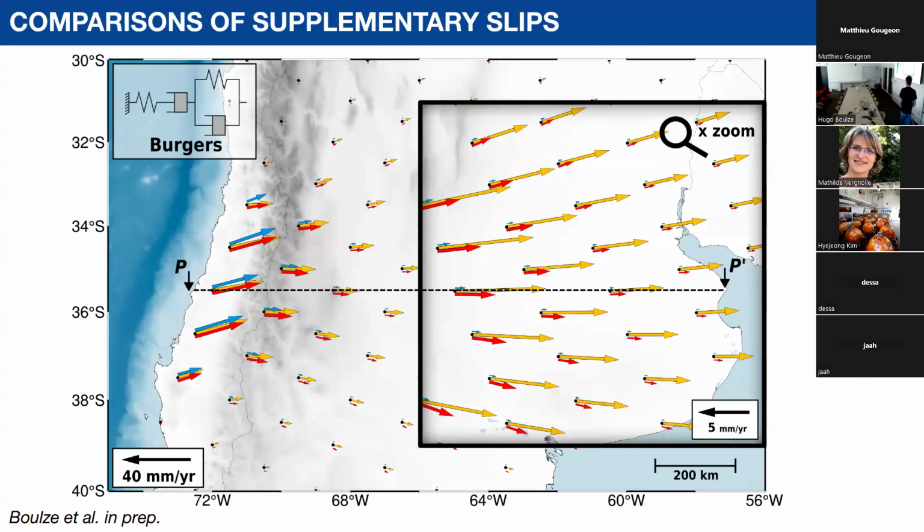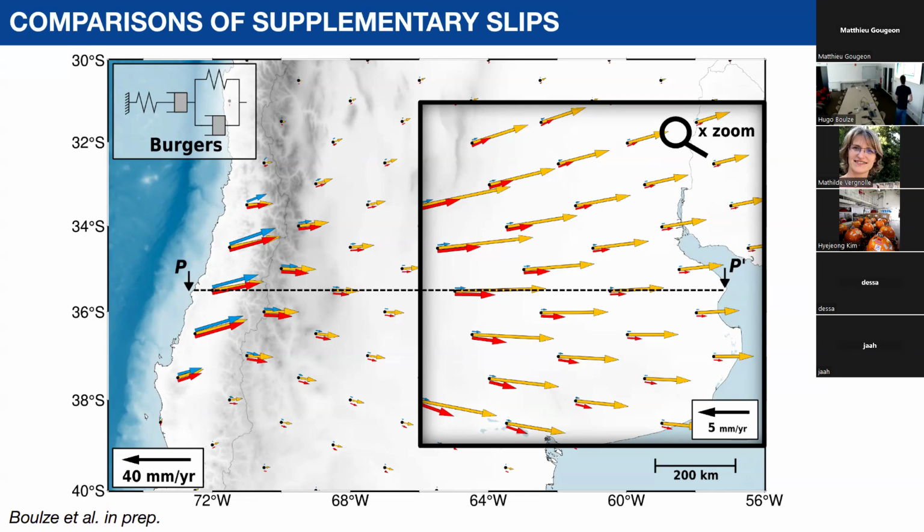Here, I show you what are the differences in terms of inter-seismic deformation for the Maule segment of the Chilean subduction zone when we compare these three models. So you have the elastic model in blue, the orange model that is the steady state, the long term, and in red you have the cyclic, the regular history of earthquakes.